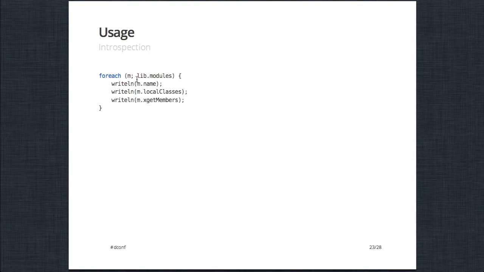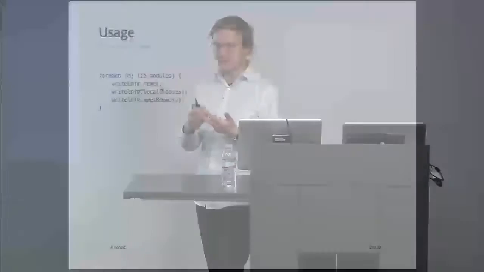So you can access its module list, like you already do with for each module info, if you've probably done that before. So you can write the name of the module, you can write the name of the local classes, you can access the local classes, you can instantiate them if they have a default constructor. You can look up if they're implementing a certain interface, if they have a base type.